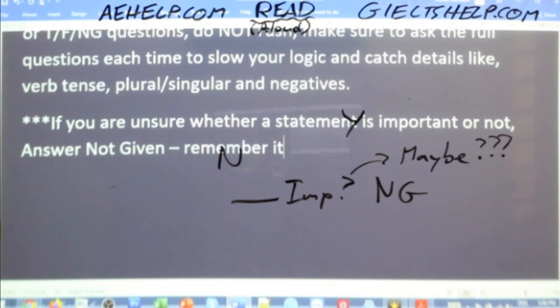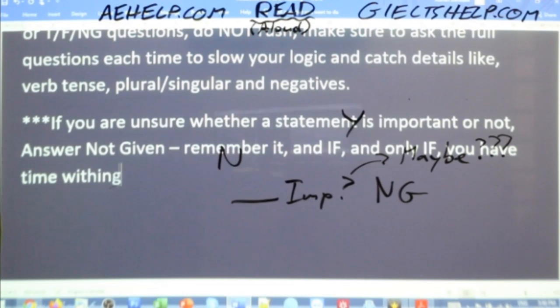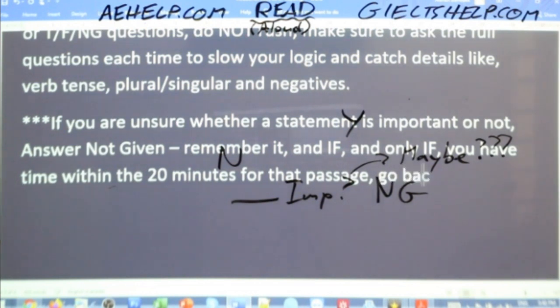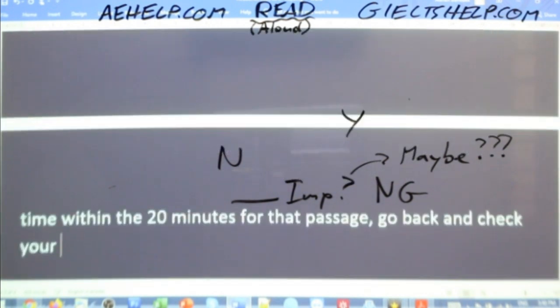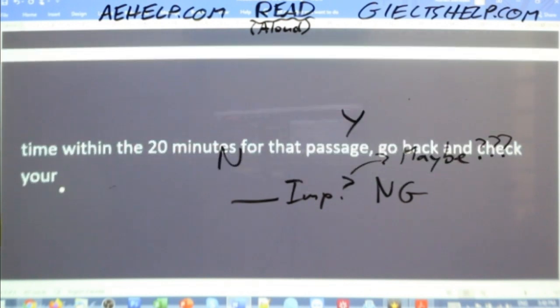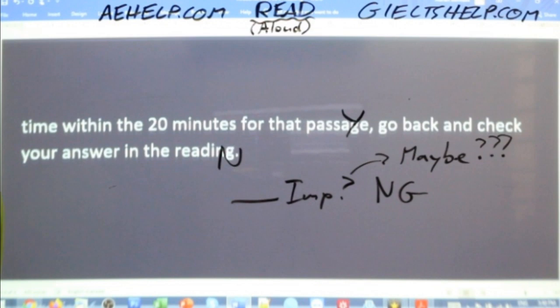Remember it, and if, and only if, you have time within the 20 minutes for that passage, go back and check your answer in the reading. 2 reasons for this, okay?